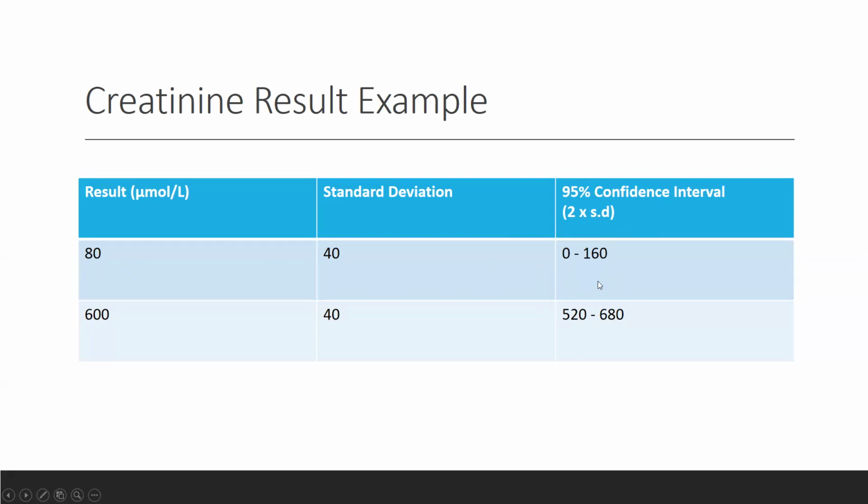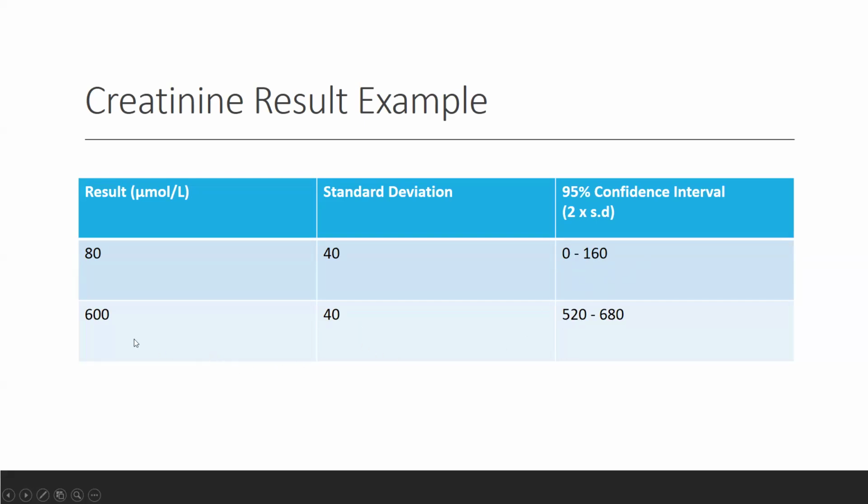Now that's unsatisfactory. We need to know if someone's creatinine has risen above the upper range of around 100. We need to know if someone's creatinine has risen by 26 to diagnose an AKI stage 1. And we definitely know that there's a very distinct clinical difference between a creatinine of 150 and a creatinine of 10.